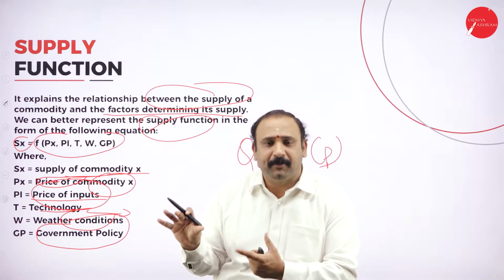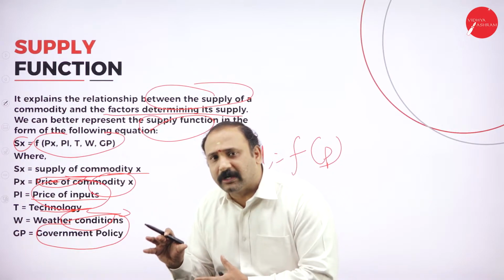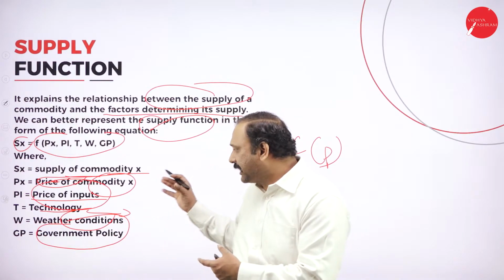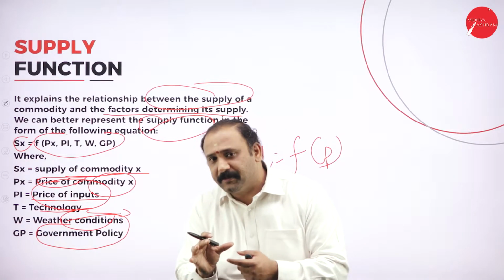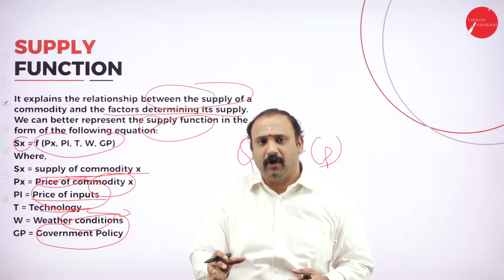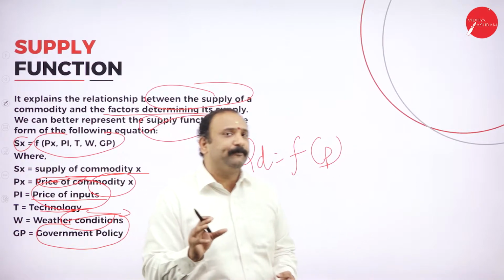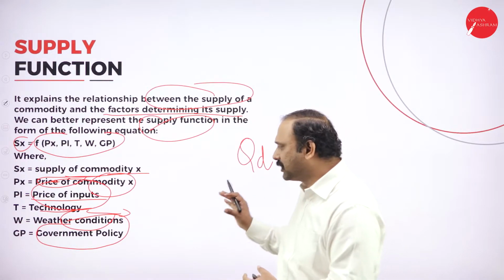Now when Kia came up with the Sonet, or when you look at MG Hector coming up with bigger versions like the MG Gloster with high-end technologies put together, or the Hyundai Alcazar coming up with high-end technologies, that is a cost factor which they are including. It is not just about the advertisement, it's about a cost.